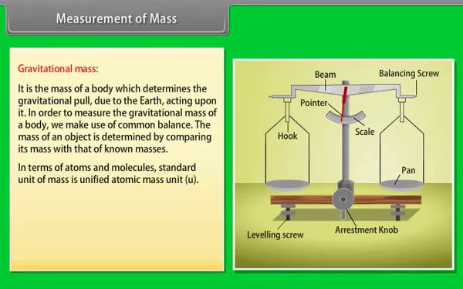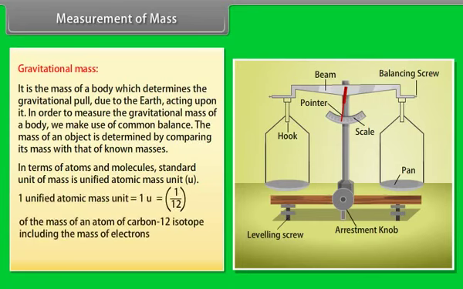In terms of atoms and molecules, the standard unit of mass is the Unified Atomic Mass Unit, that is u. 1 u is equal to 1/12 of the mass of an atom of carbon-12 isotope including the mass of electrons, which is equal to 1.66 × 10^-27 kg.